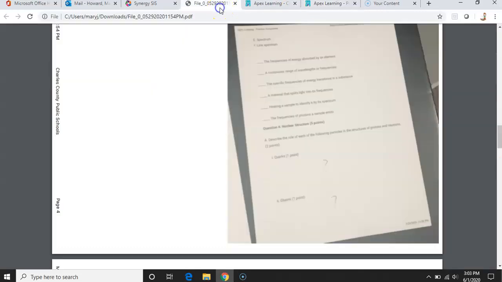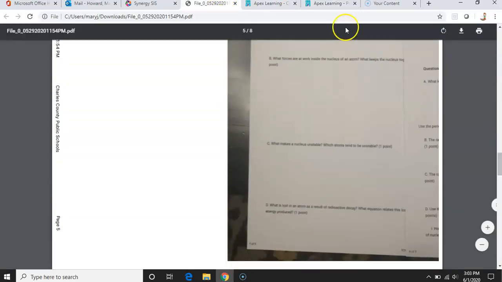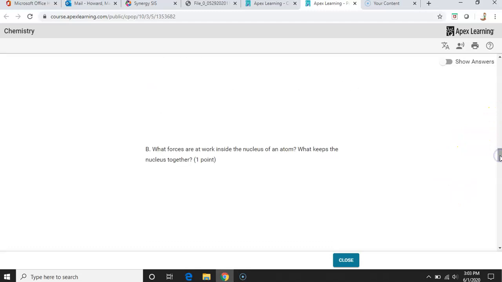And I think you had a few more, probably till the half-life. Okay, as we move on, the next question: what forces are at work inside the nucleus of an atom? What keeps the nucleus together? This was mentioned in one of the lessons: electrostatic forces cause the protons in the nucleus to repel each other, because remember, if they're all positive, they want to repel each other, like repels.